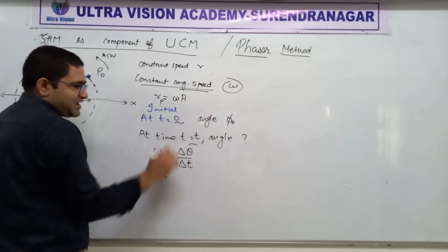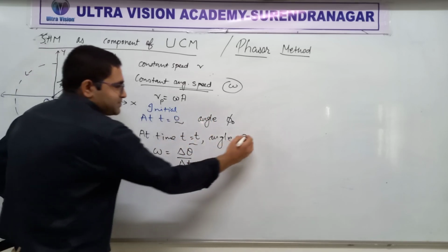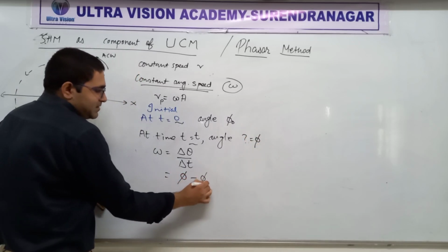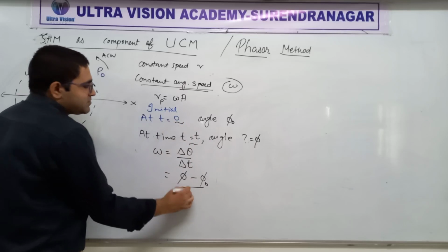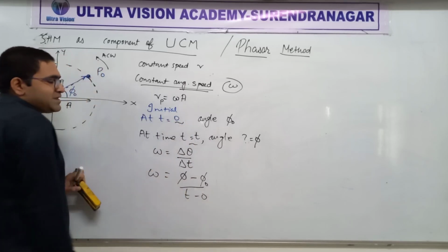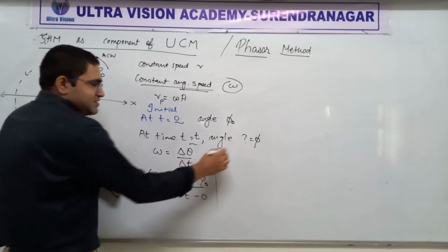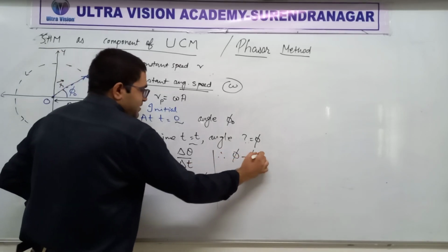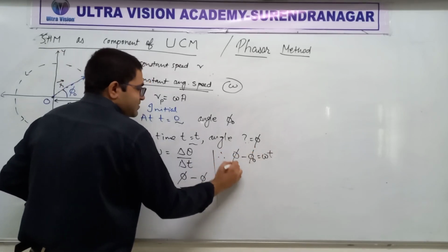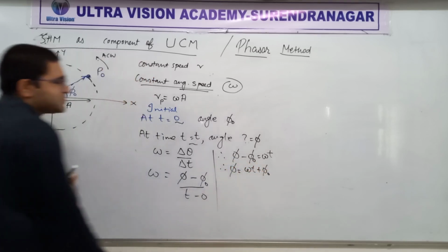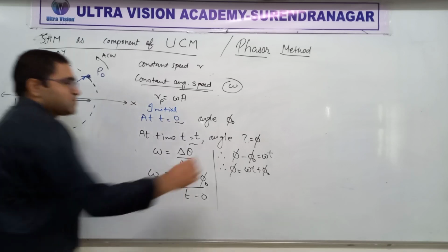So delta theta means final angle, let's say phi, minus initial angle divided by time interval. Hopefully this is clear to everybody that the final angle phi minus phi 0 equal to omega t, and that's why phi should be equal to omega t plus phi 0 or phi 0 plus omega t. Understood?